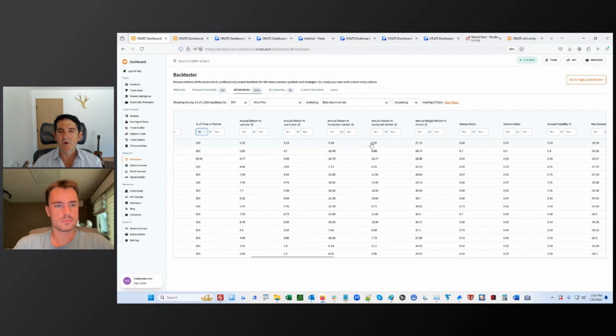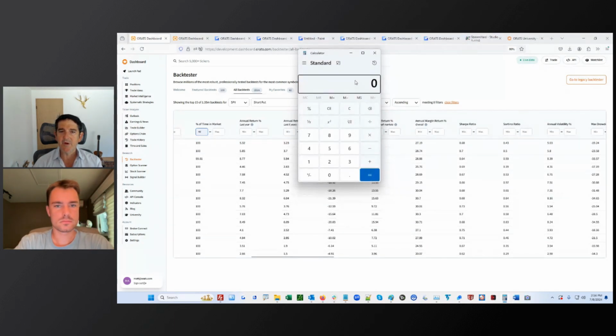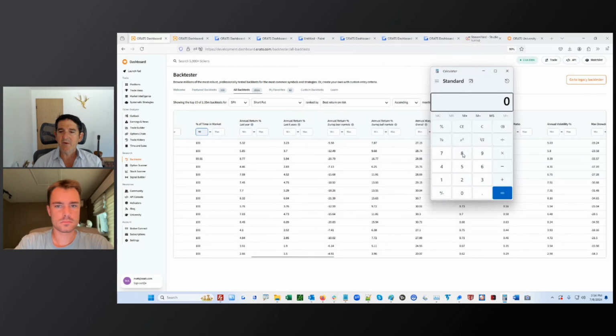And that ratio, I think, could be important. So just to look at the first one and the third one, for example, 9.58 divided by 7.87. So that's like 21% worse during the bear market.